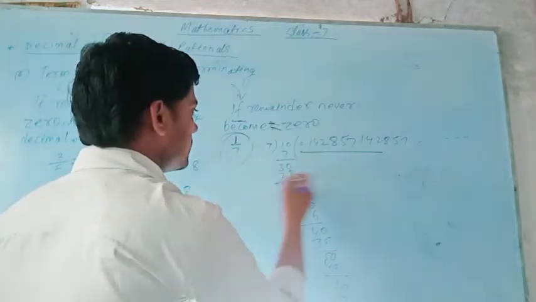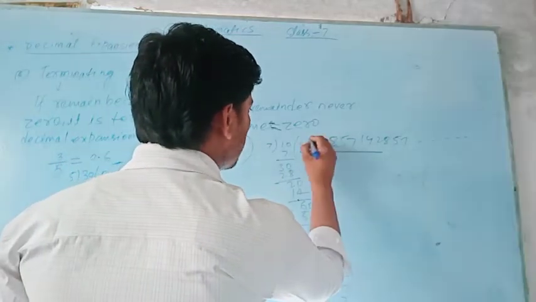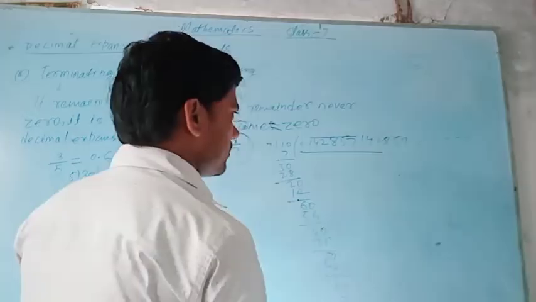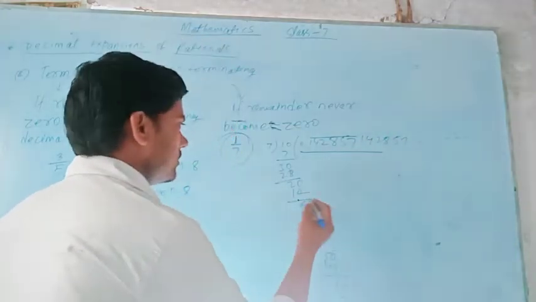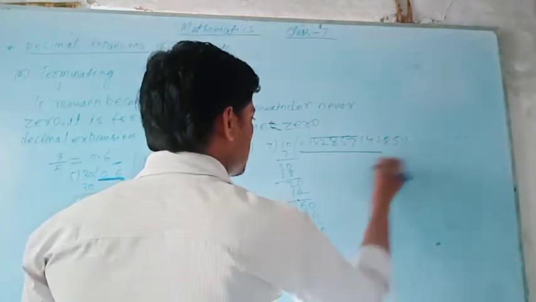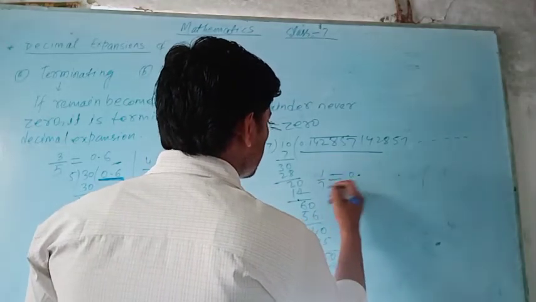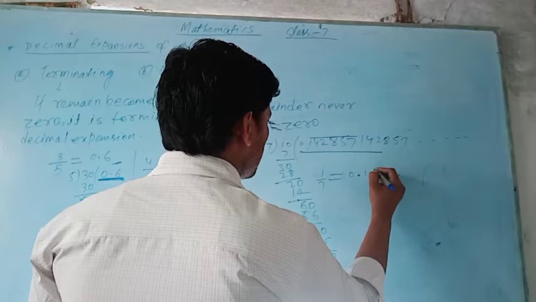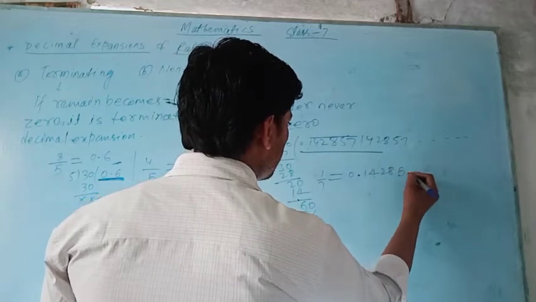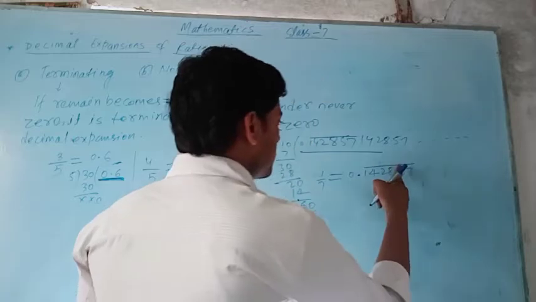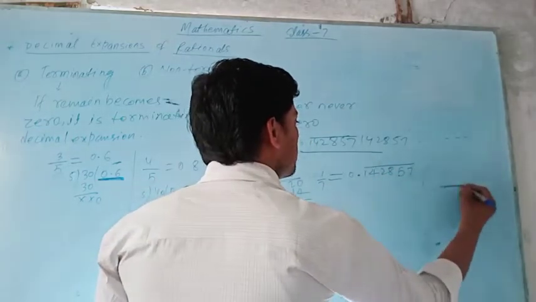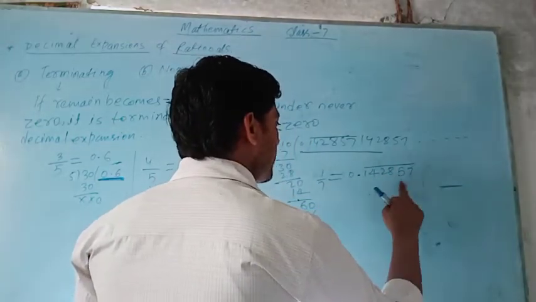1/7. In this, 142857 is repeating. So we can write 1/7 is equal to 0.142857 with a bar.